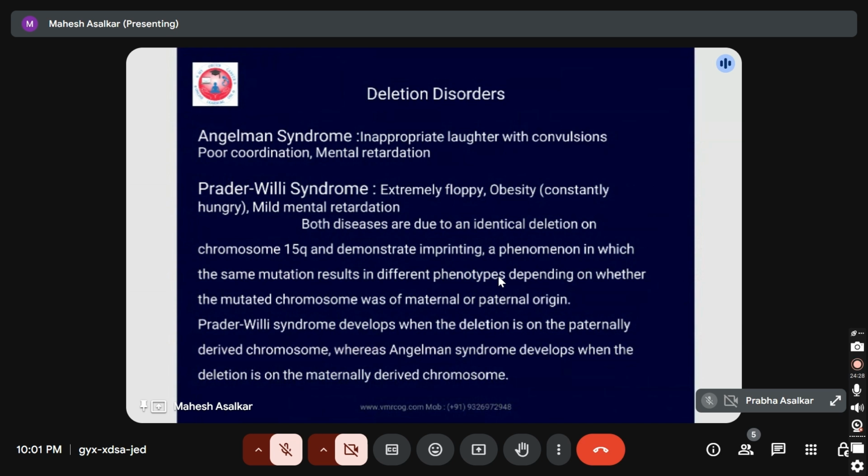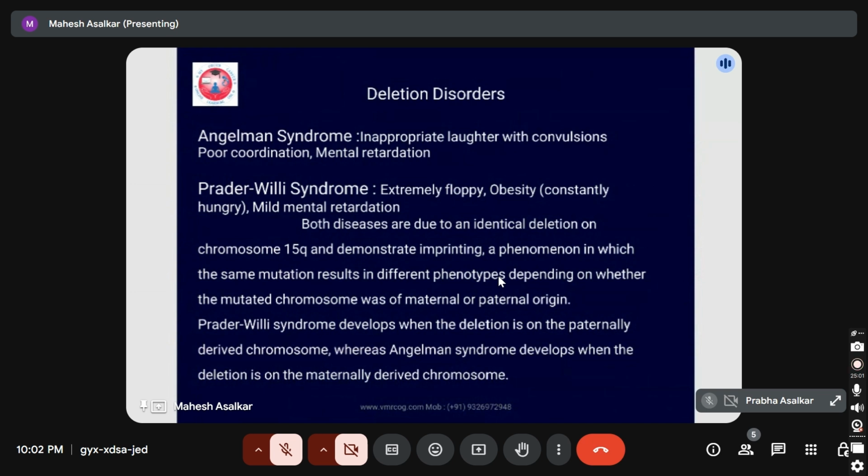Both diseases are due to an identical deletion on chromosome 15q and demonstrate imprinting, a phenomenon in which the same mutation results in different phenotypes depending upon whether the mutated chromosome was of maternal or paternal origin. Remember, it is a chromosome 15q deletion. There is an identical deletion, but which chromosome gets affected, maternal or paternal, determines the phenotypical features.